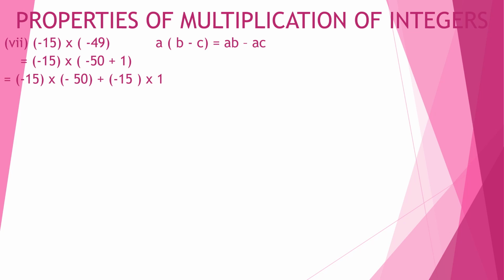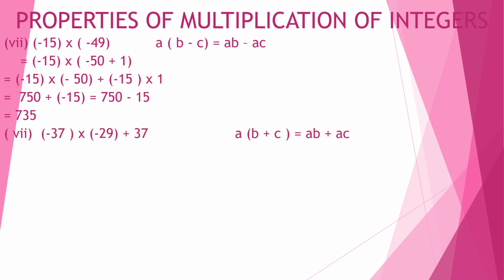This I get by opening the brackets. Now 750 plus negative 15 gives me 750 minus 15, which comes out to be 735. And I've used the property A into B minus C is equal to AB minus AC.